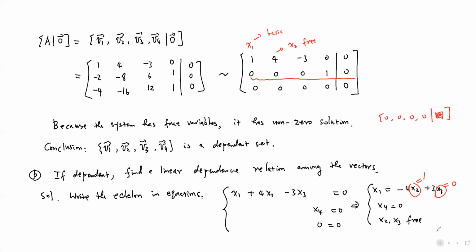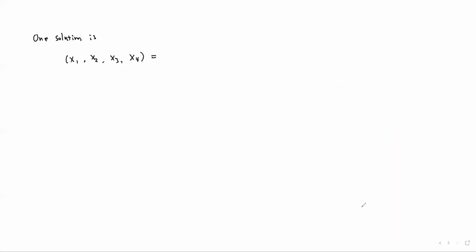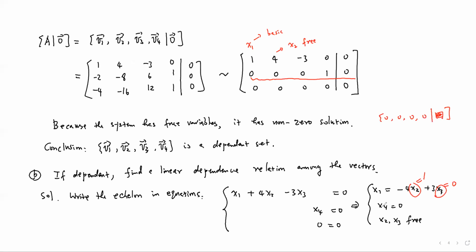One solution is x1, x2, x3, x4: x2 is 1, x3 is 0, then x1 is negative 4, and x4 is always 0.